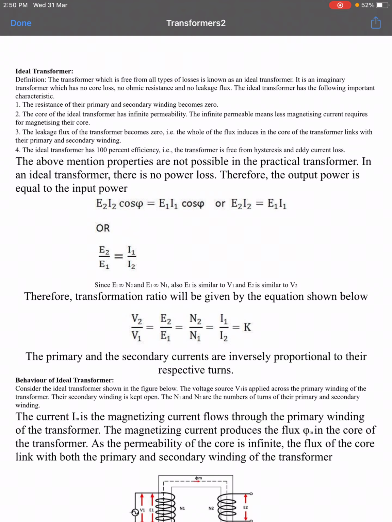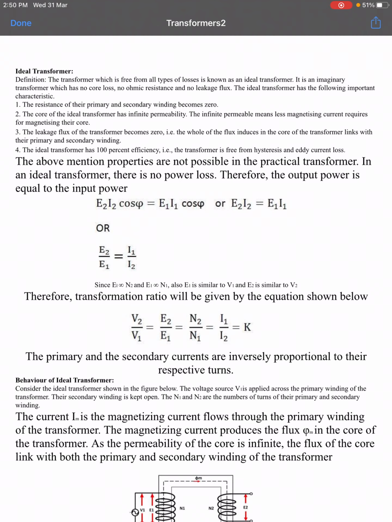In an ideal transformer we don't have any losses, so we can take E2 equals V2. In the ideal transformer we can take the applied voltage as equal to the induced EMF: E2 equals V2 and E1 equals V1, the applied voltage on the primary side and the primary induced EMF, in the ideal case only.